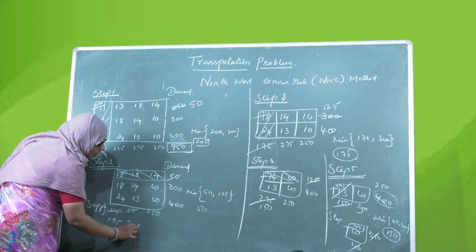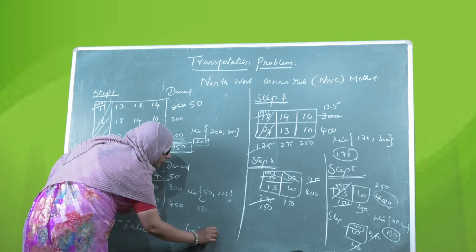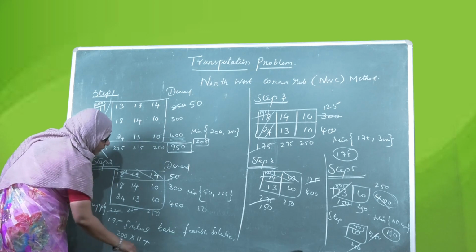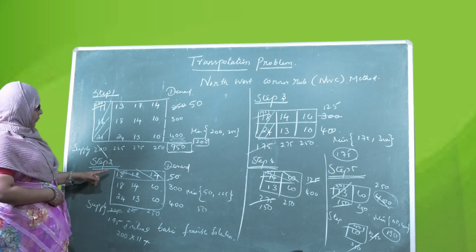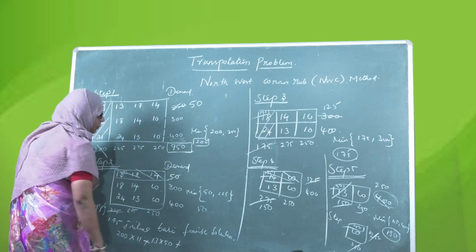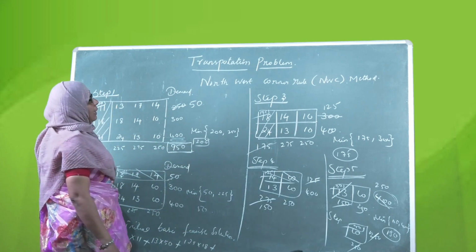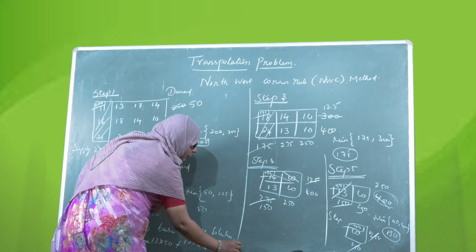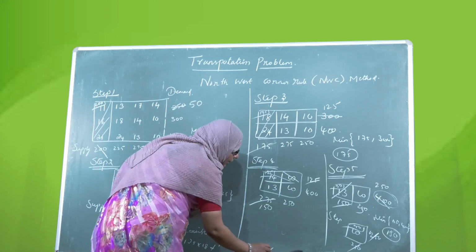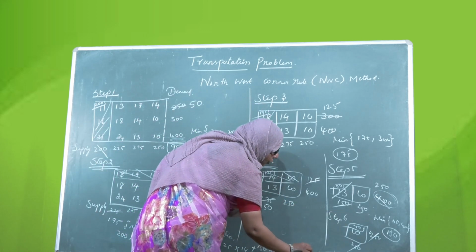So the initial basic feasible solution: 200 into 11 plus step 2, 13 into 50, plus step 3, 175 into 18, plus step 4, 125 into 14, plus step 5, 150 into 13, plus step 6, 250 into 10.